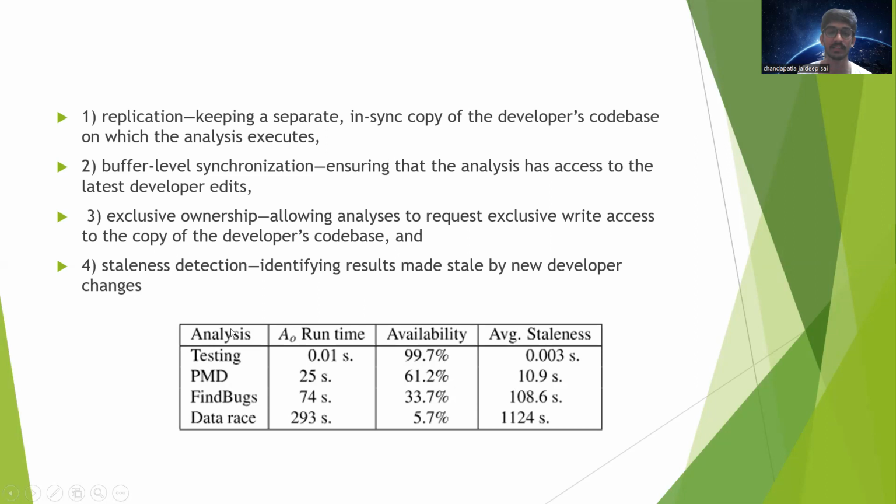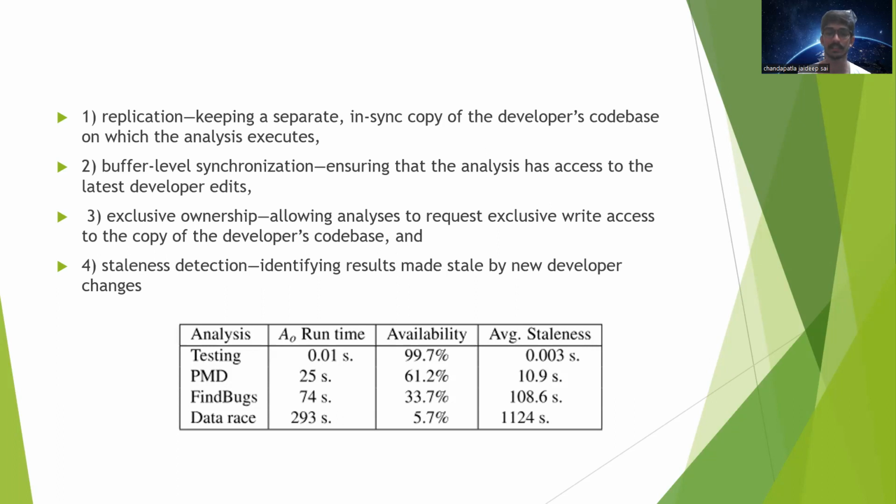And in the bug finding analysis, that is FindBugs, the average runtime is 74 seconds. So it takes 74 seconds to find the bugs using this technique, and availability is 33.7%, and average staleness is 108.6 seconds.